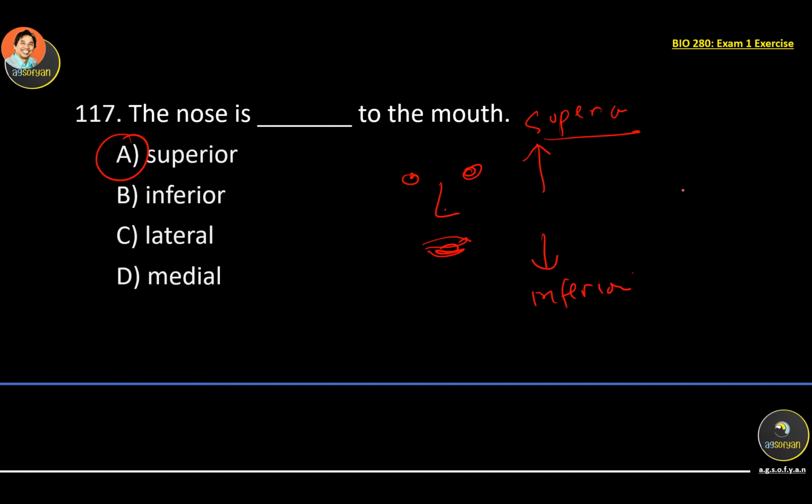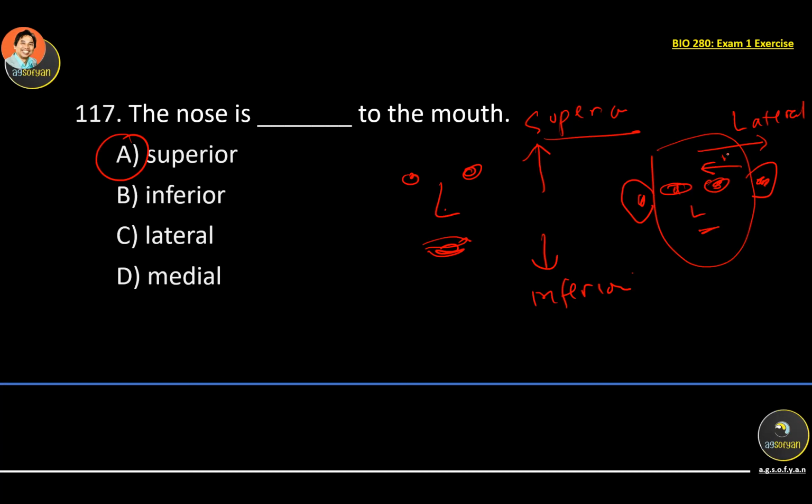Now, how about, let's say, these are the eyes, right? You have the ear over here. Now, how about the ear compared to the eyes? The one that's going out like this is called lateral. The one that is in is called medial.